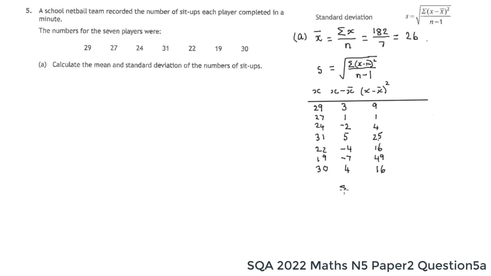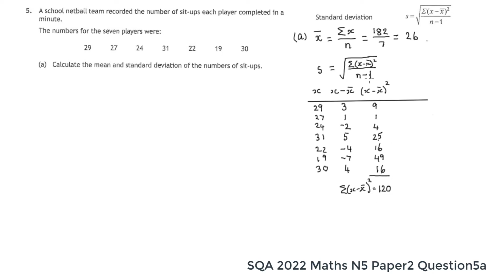So down here we'll find the sum of the squares of all these differences. So that's summing the numbers in this column. And we do get 120 if you check that. So 120.